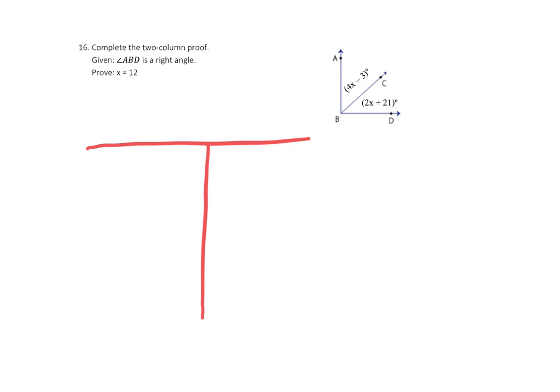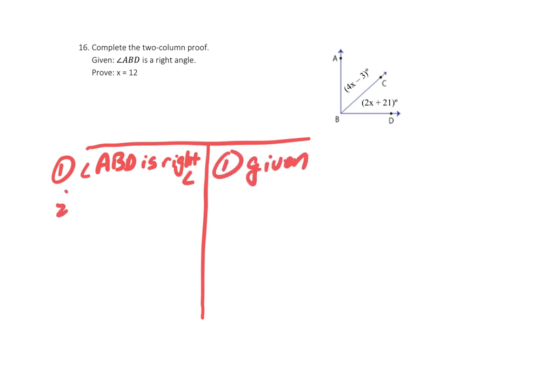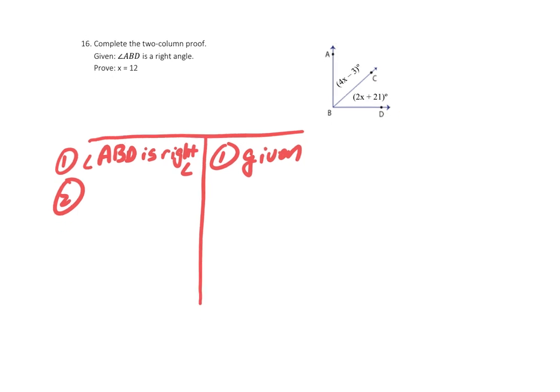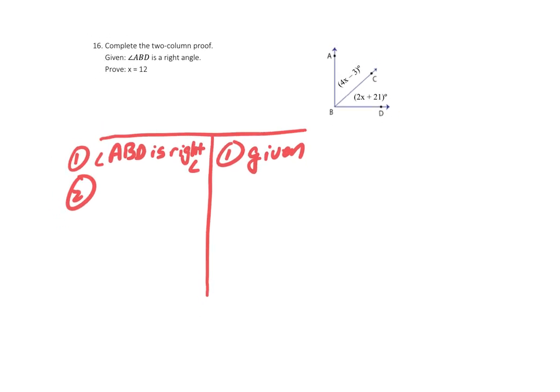Okay, given statement, angle ABD is a right angle. What does that mean? If I tell you ABD is a right angle, what do we know about ABD? Yeah, it's 90 degrees. Good.